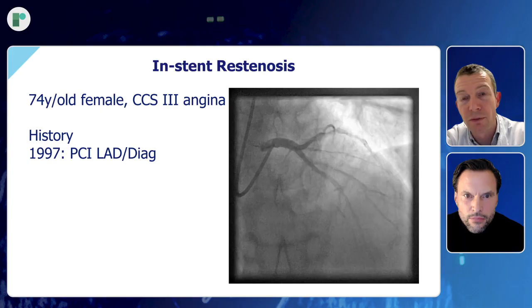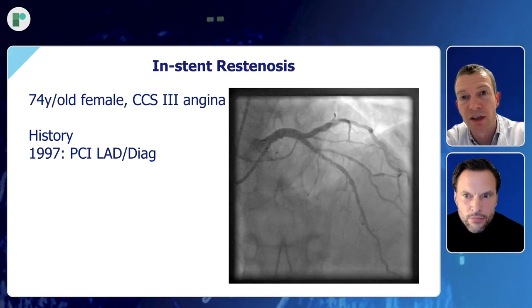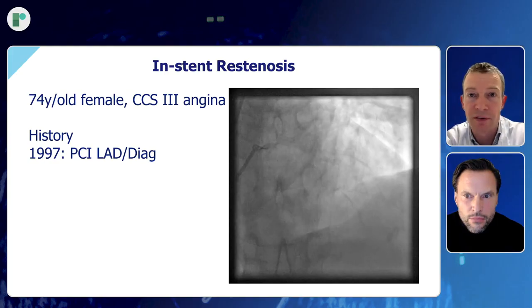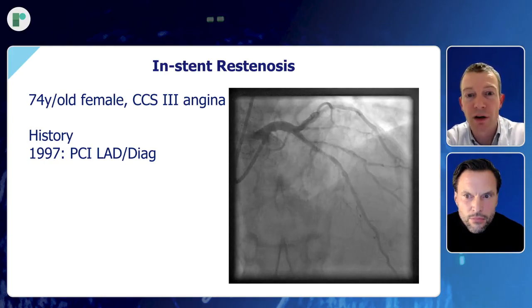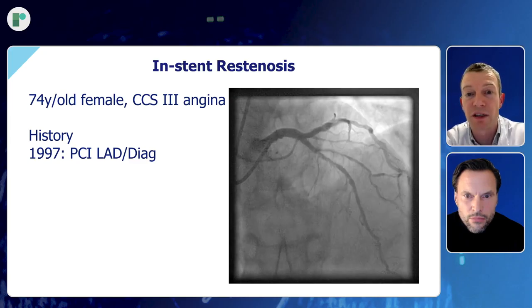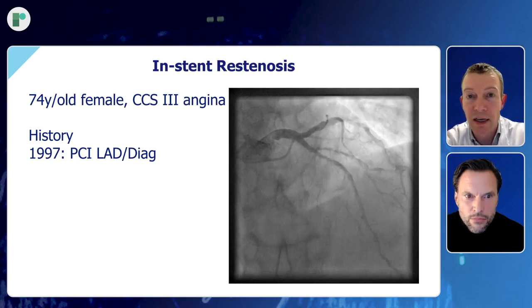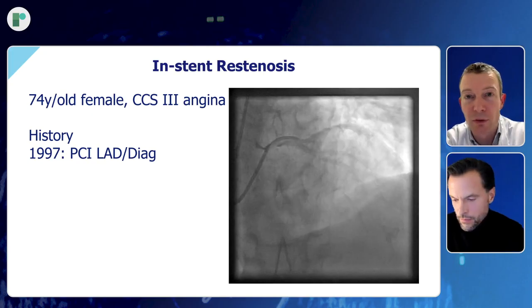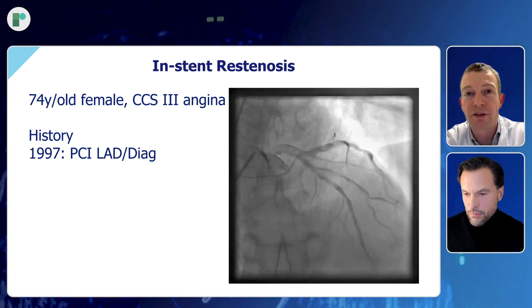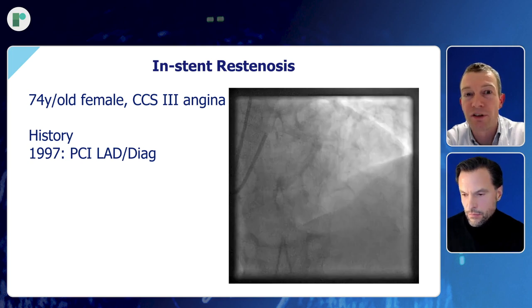That counts for calcium, with very low sensitivity and specificity to detect really heavy calcium. That counts for ostial and left main disease, and that also counts in particular for cases like this of patients presenting with in-stent restenosis. And in this day and age, people have a very low threshold to use DCBs. But I think step number one is understanding the true pathophysiology of in-stent restenosis.